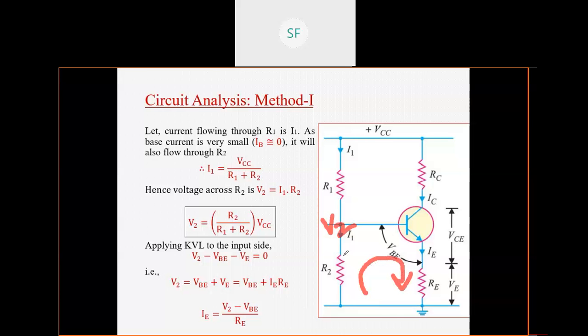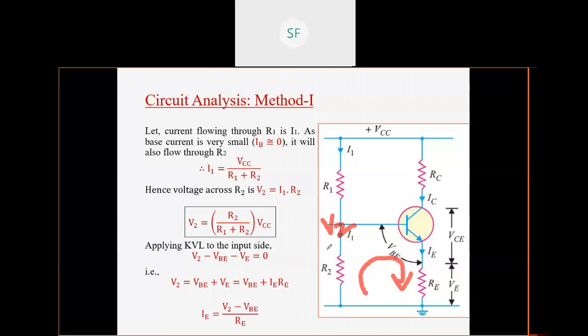Now how many voltage drops or voltage components are there? So let's say I am moving like this, okay? The direction in which you apply KVL is also very important, because depending on that direction your notations, your signs will change. All right.